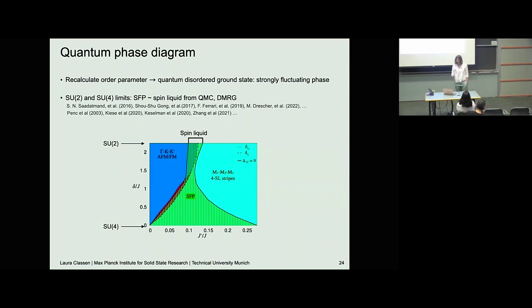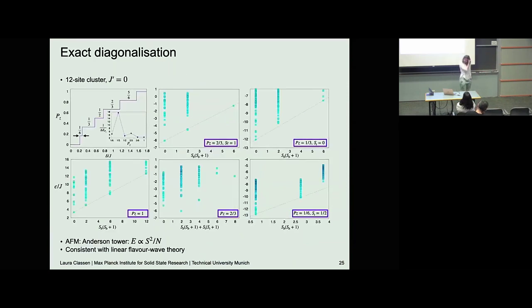Then finally, we did an ED calculation for this system, just for 12 sites, because we have this large flavor number. You can calculate the polarization as a function of the field, as well as analyze the spectrum. And for antiferromagnets, there's something called the Anderson tower, where the lowest lying states of the spectrum should lie on a line.